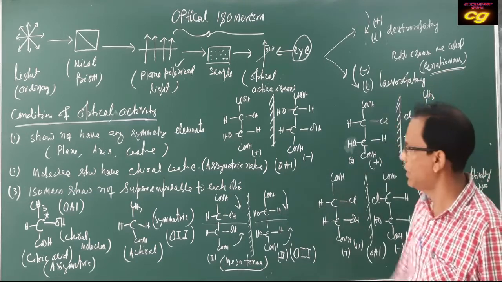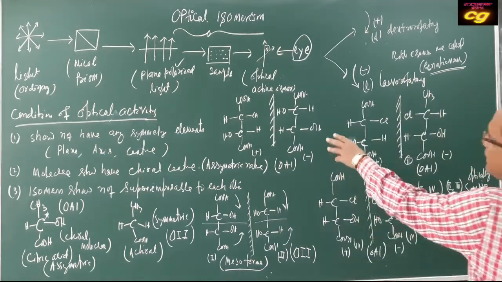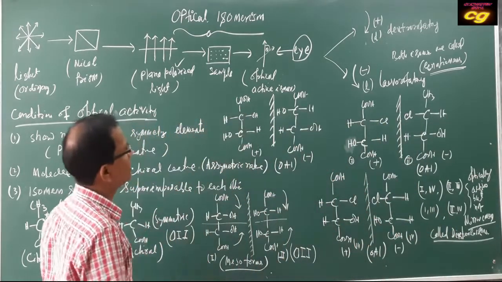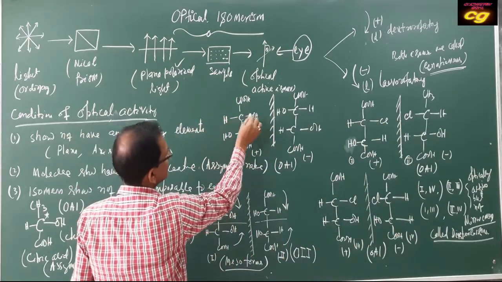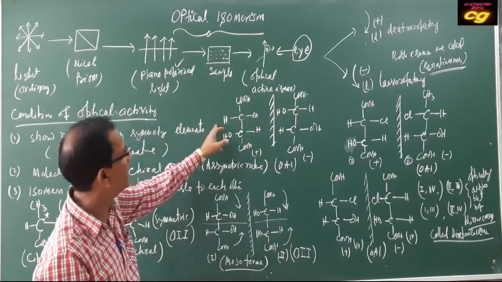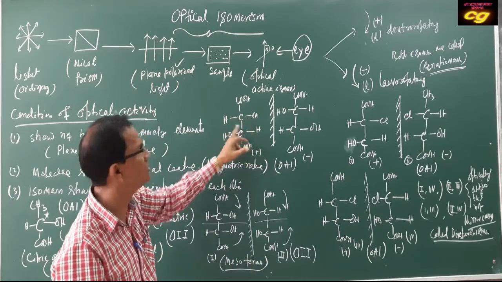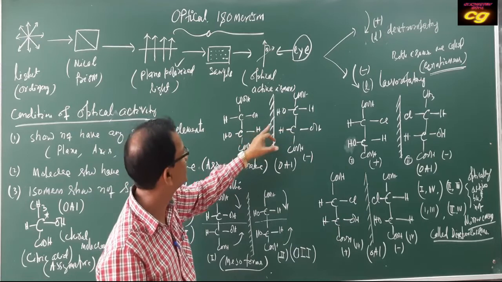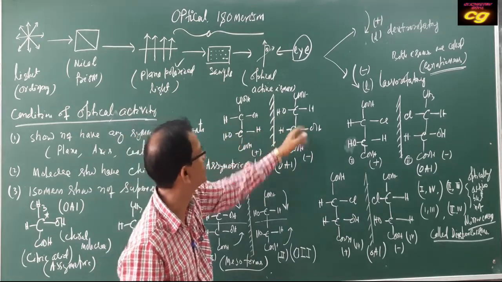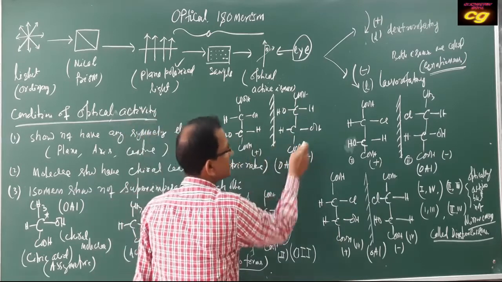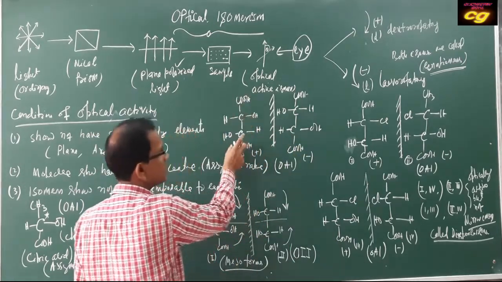For example, here is one important thing. Here you see CHO, HCOH, HOCH, just see the rotation. Here H and OH are on two opposite sides, and on this side also OH, H; here OH, H; here HO, H, just opposite. If one is the plus isomer, the other will be minus.